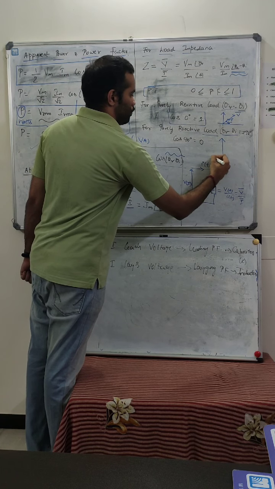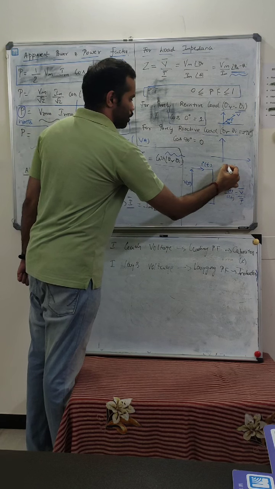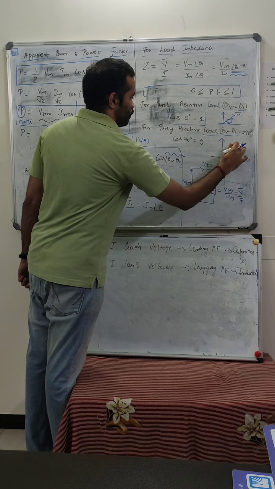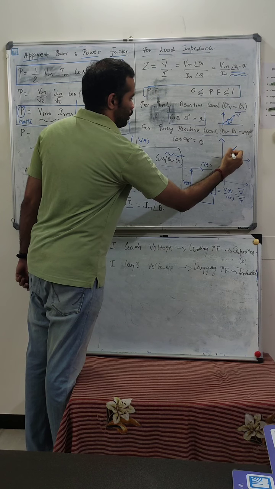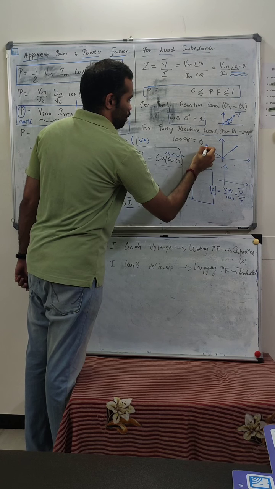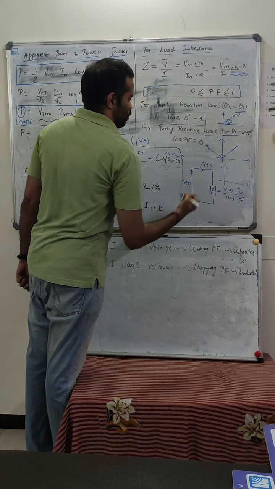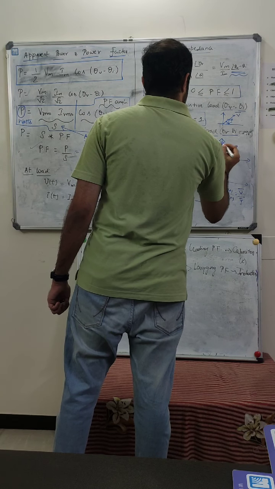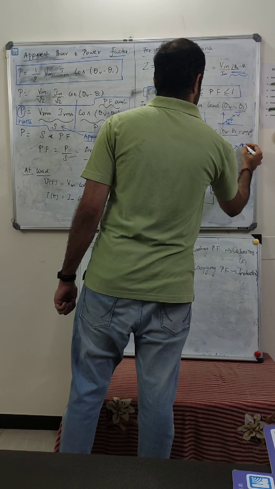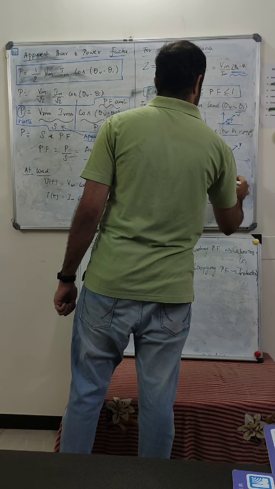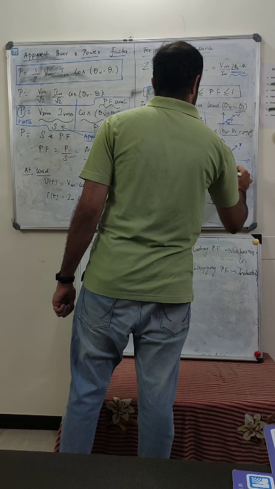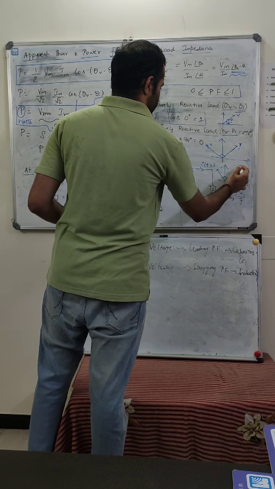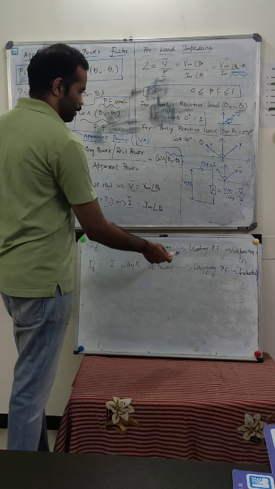Consider your inductor and your capacitor, just as an example I am drawing. When we look into the phasor relationship, we know that the current leads the voltage in the capacitor, and similarly, on the inductor side, the current lags the voltage.